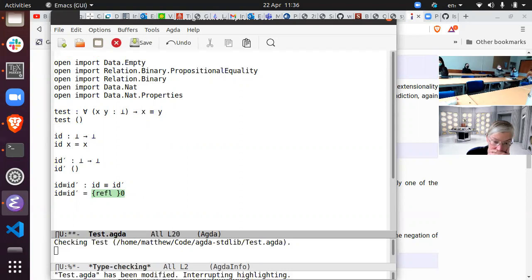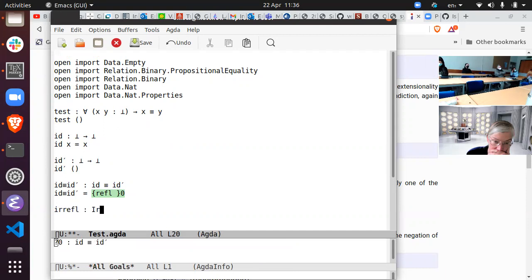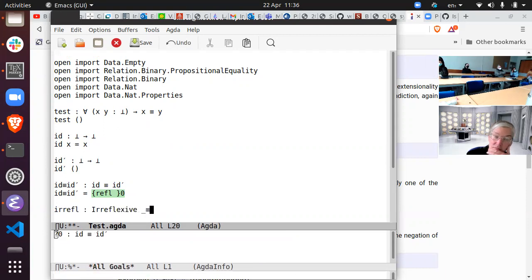Data.Nat.Properties, which is large. You probably want Relation.Unary.